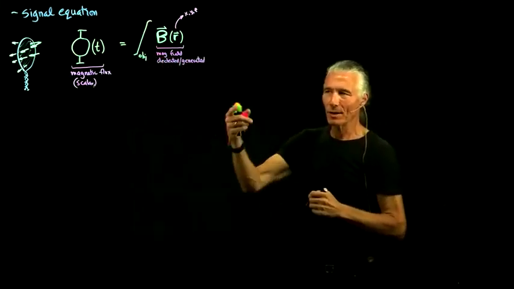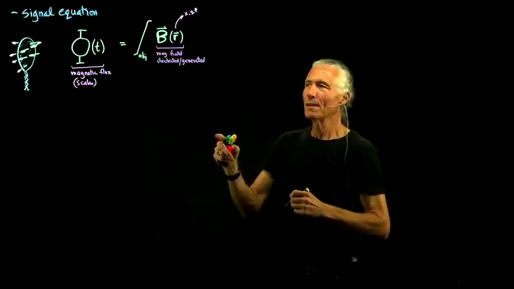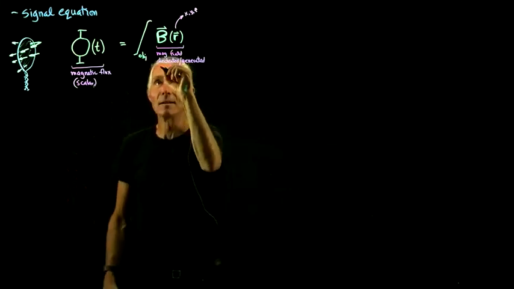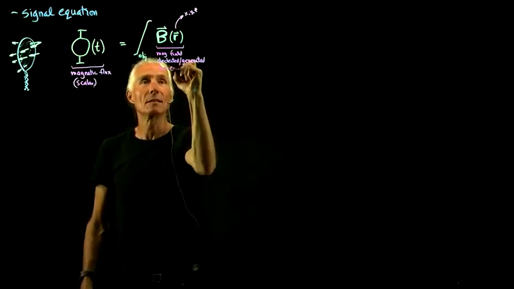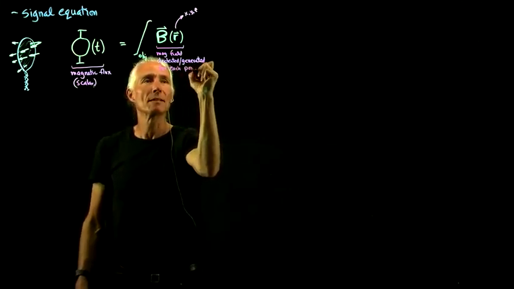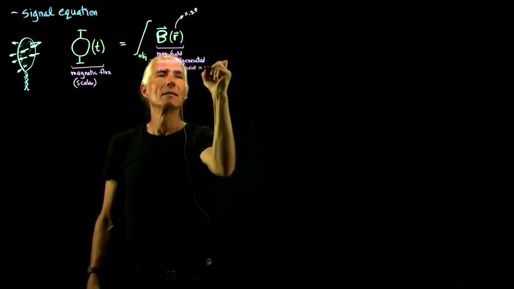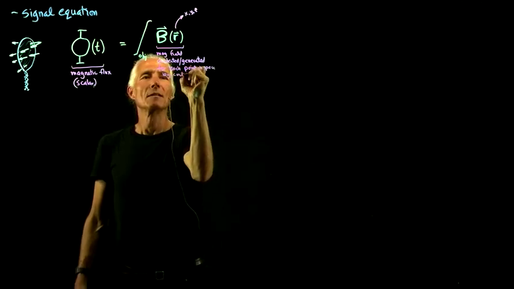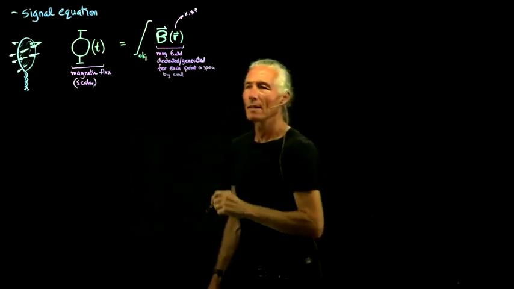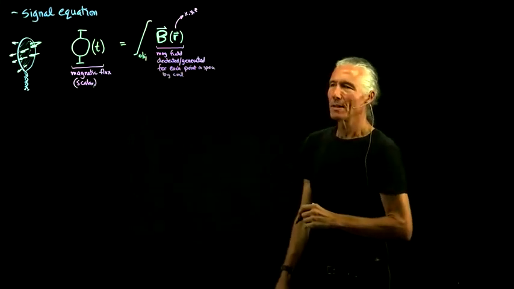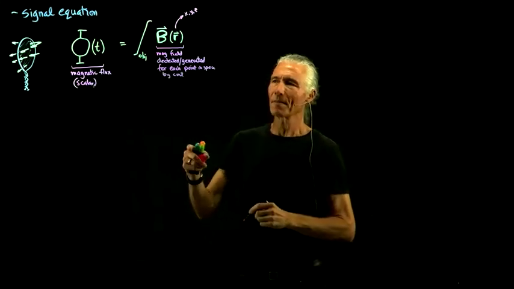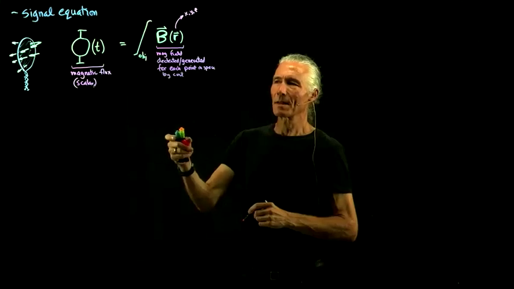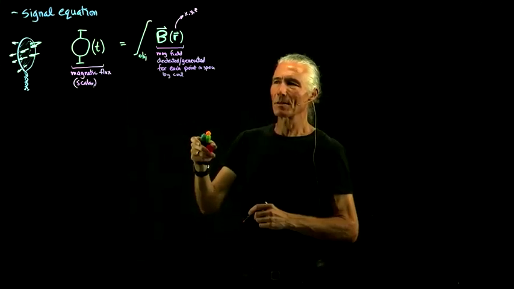So if we put some current in the coil, it's detected or generated for each point in space by a coil. So it works both ways. We can either put some current in the coil and then get a field, or we can get a field and then look at what current is induced in the coil.